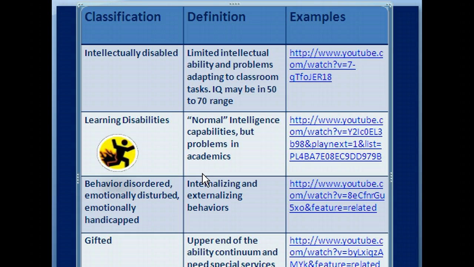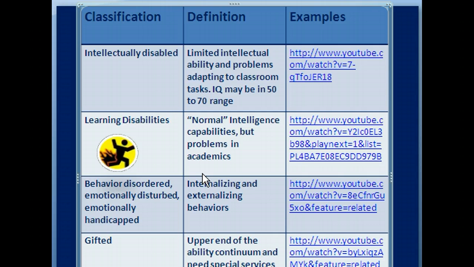The fourth classification is gifted. It's not necessarily a disability, but oftentimes the gifted classification is included in the disability category because they receive federal funding. These are students at the upper end of the ability continuum and also require special services.